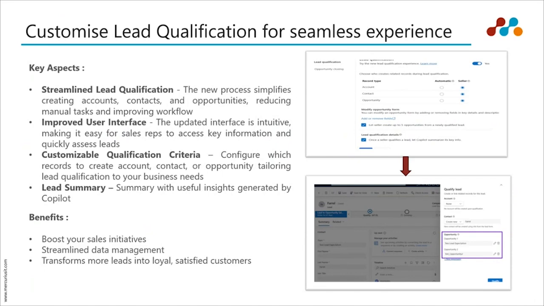As we all know, in sales, qualification of a lead is a process where we convert the potential lead into a customer. In this process, the account and contact need to be created in the system. This feature allows full control to the sales representative to create a new account and contact, or to use an existing one which is already in the system, in order to convert the lead into the customer.